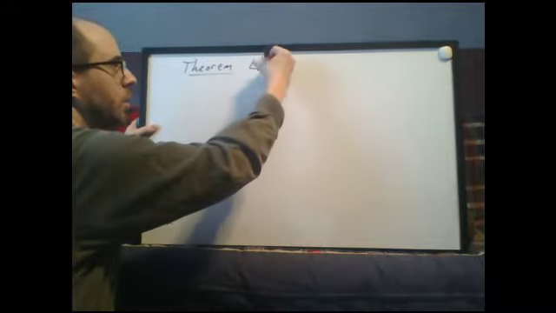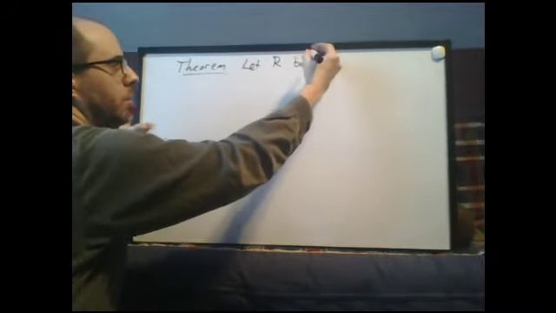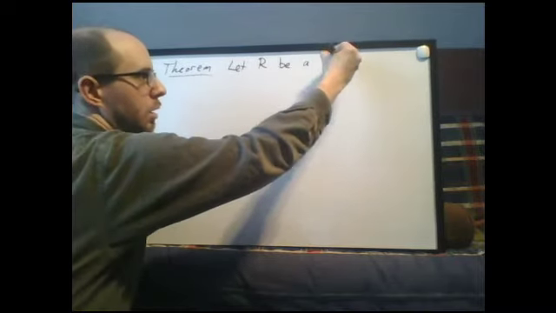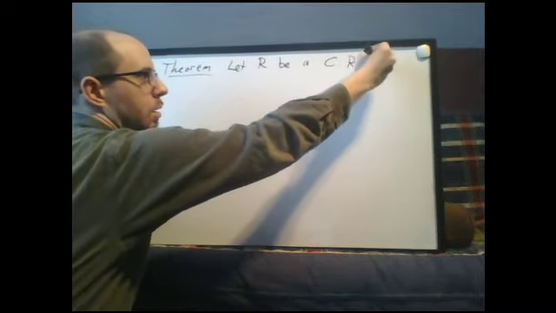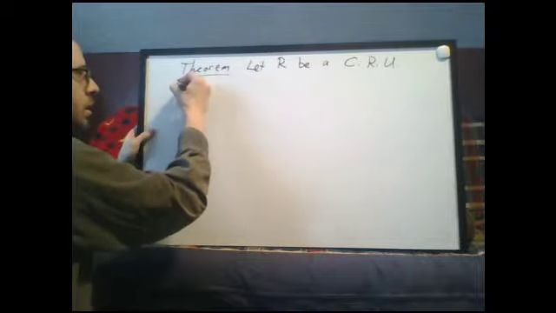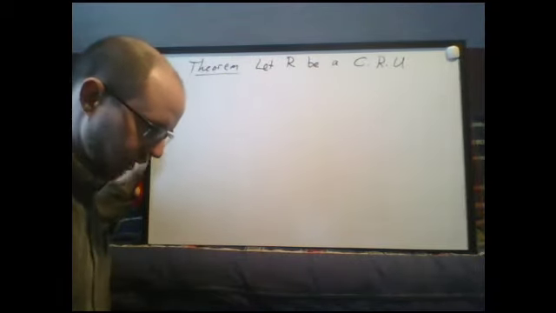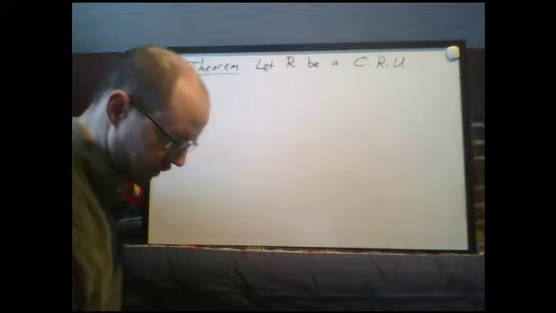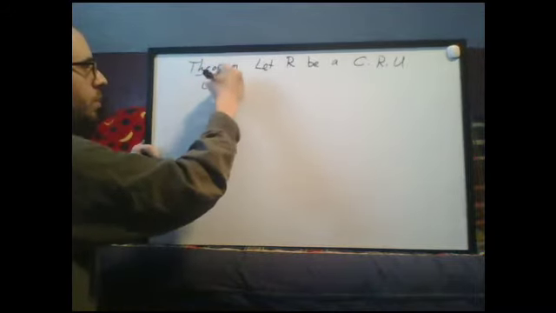So what we want to say is, let R be a commutative ring with unity, and let A be an ideal.